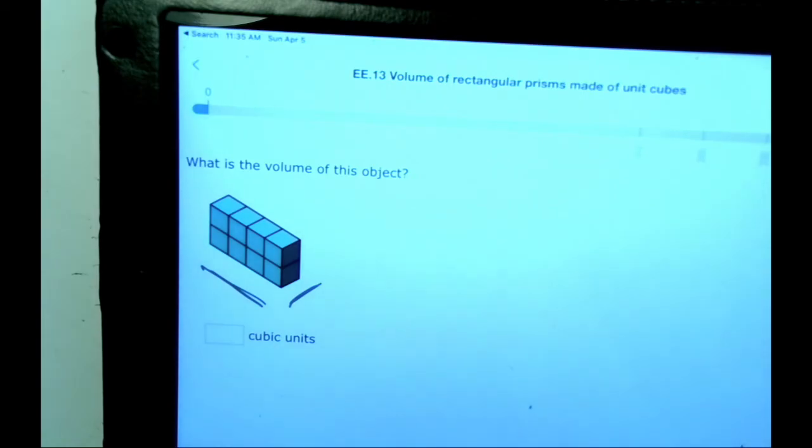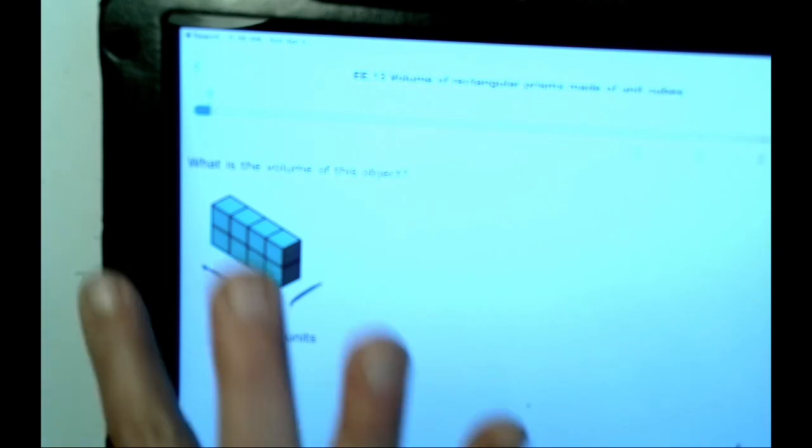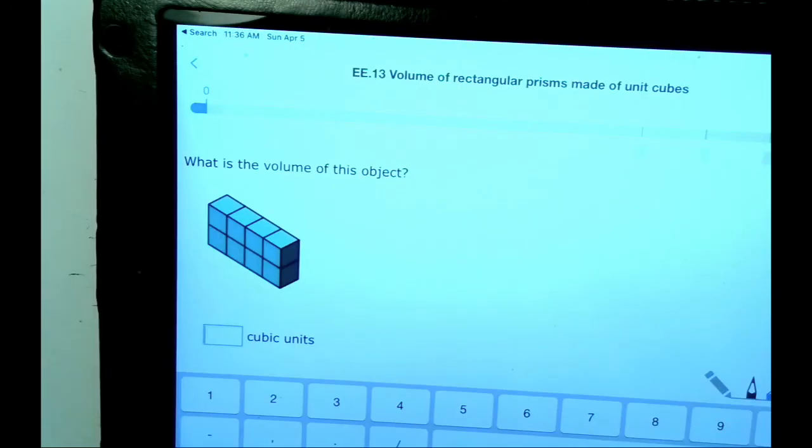So how many are on the bottom layer? Well, it's 4 by 1, which would give you 4. But we have a height here of 2, which means we have 2 layers of 4, which would give us 8 units. And we want to remember that these are cubed units, so even though you don't have to write the unit of measure on IXL, it is provided for you.